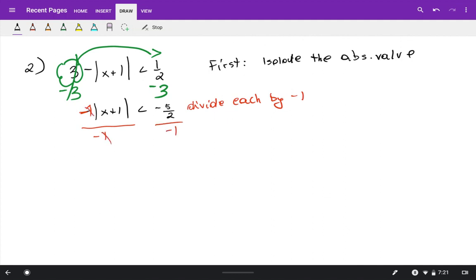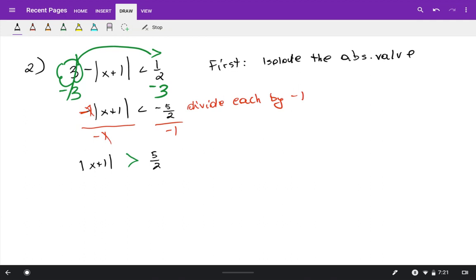And now finally I have absolute value of x plus 1 less than, I'm sorry, we're dividing by a negative, so the inequality reverses. It's greater than 5/2. Now, again, I have absolute value of x plus 1 greater than 5/2.